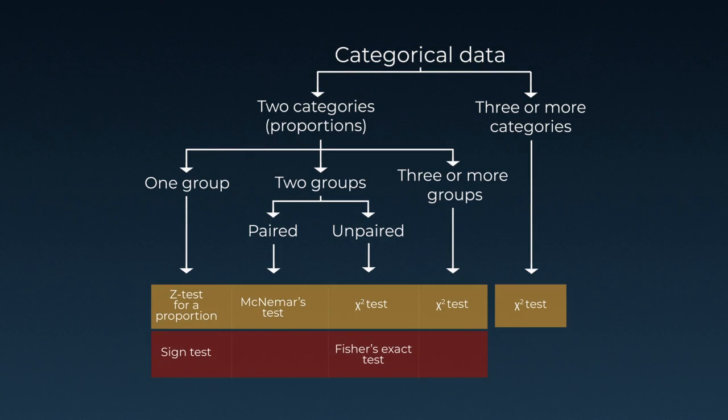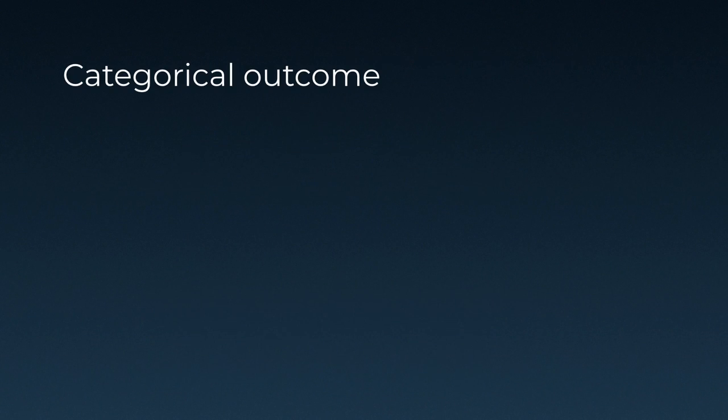Let's move on to the categorical part of the decision tree. Now we want to check if a categorical outcome differs between two groups. Recall that categorical data are summarized in terms of frequencies and proportions, so we will use those to formulate our null hypothesis. For example, we can investigate the null hypothesis that the proportion of children with overweight is the same in rural and urban areas.